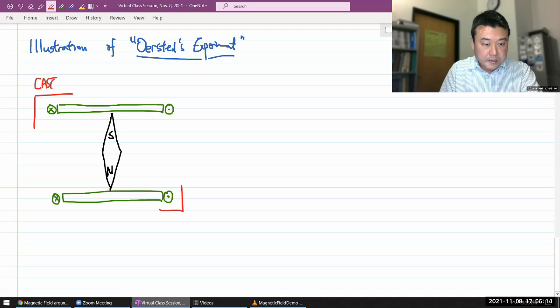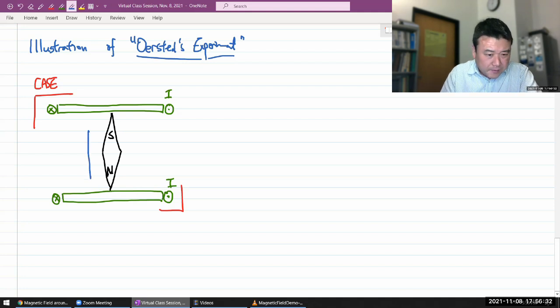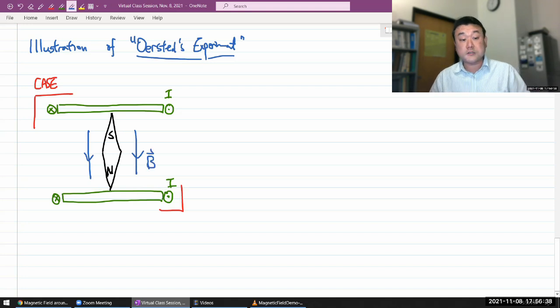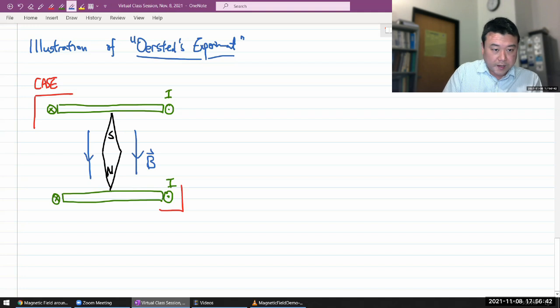In that picture, this arrangement of current somehow resulted in a magnetic field. If my compass needle is oriented this way, the magnetic field must be pointed this way, in a rough sense, somewhere in the center region where the compass needle was. Okay, that's case 1.